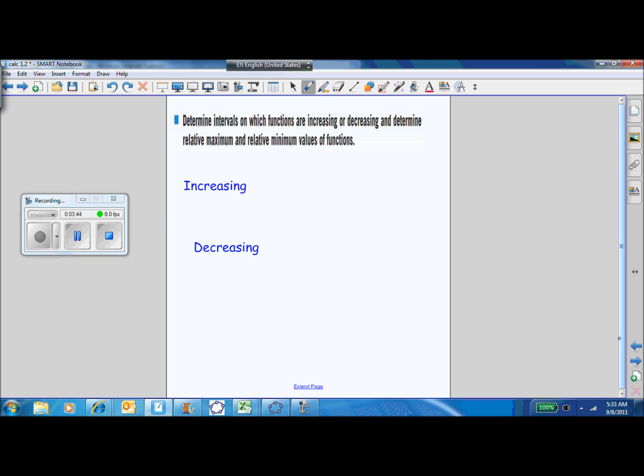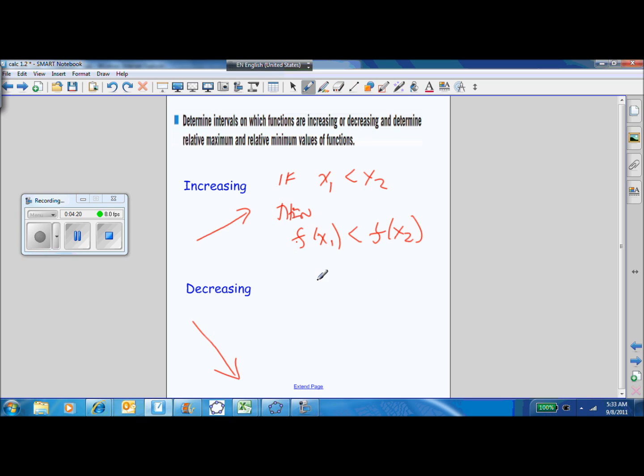Now, determine intervals in which a function is increasing or decreasing, and determine relative max and mins. Well, increasing basically is this going up idea. If we're increasing like that, decreasing if we're going down. Formally, it goes like this. If x1, so we can have an interval like this.